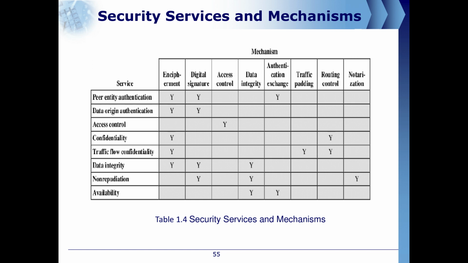Encipherment is used to protect communication channels, while traffic padding and routing control help obscure patterns and manage communication paths, respectively. The table illustrates how different security services leverage specific mechanisms to address diverse aspects of information and communication protection.